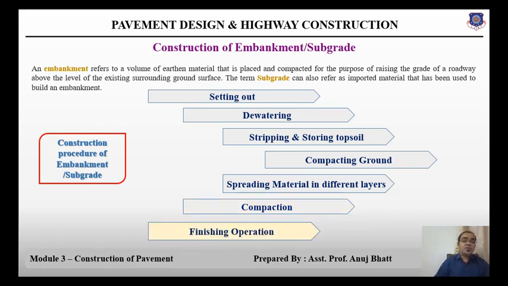Now, finishing operations shall include the work of shaping and dressing the shoulders and side slopes to conform to the alignment, levels, cross sections and dimensions. Both the upper and lower ends of the side slope shall be rounded off to improve the appearance, and the embankment merged with the adjacent terrain.